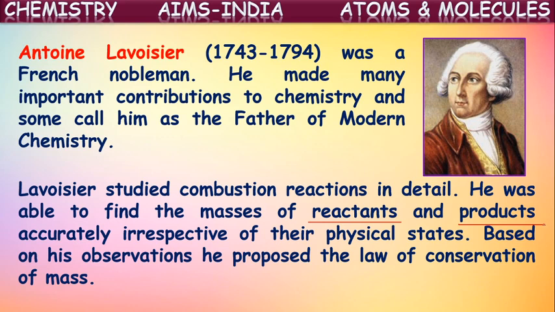So finally, rust is formed. That rust comes under product. So the chemical substance which is formed in the reaction is called the product, and the substances which are participating in the reaction are called reactants. So he studied the masses of these reactants and products carefully, and he found out the masses of those substances accurately, irrespective of their physical states.